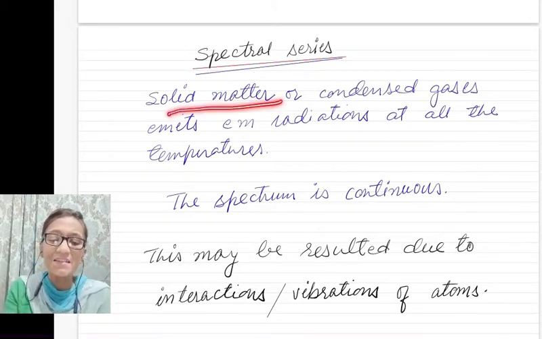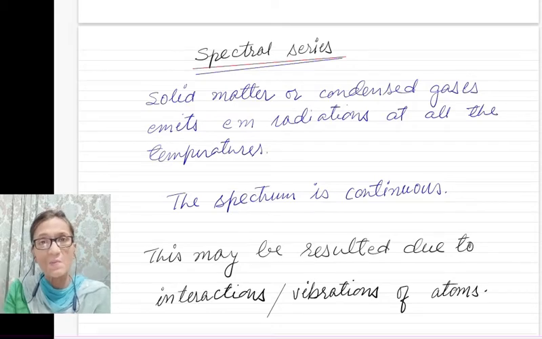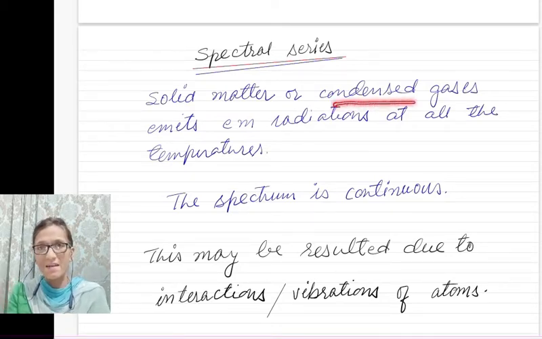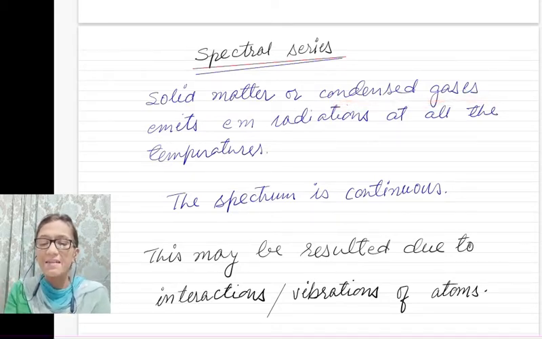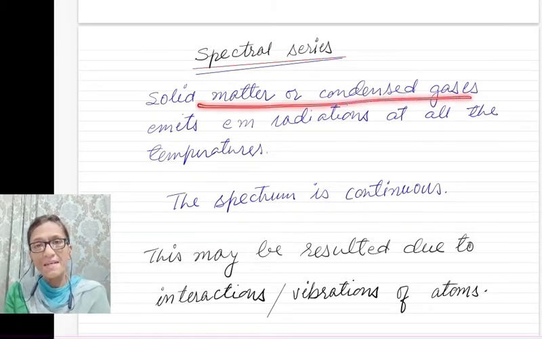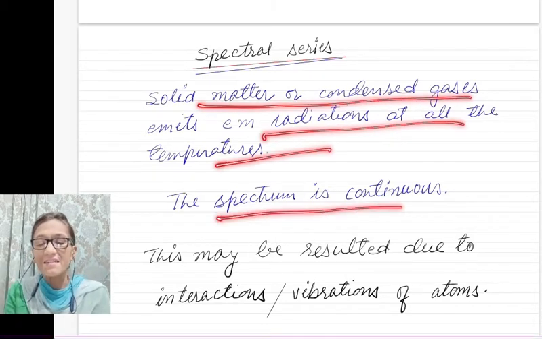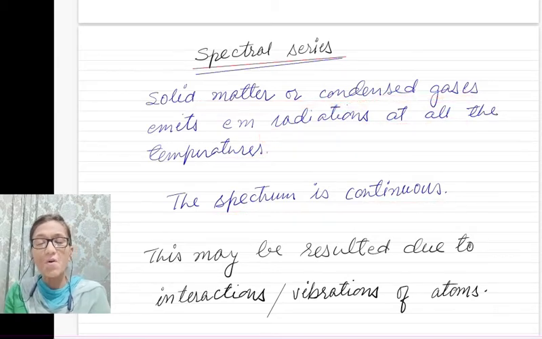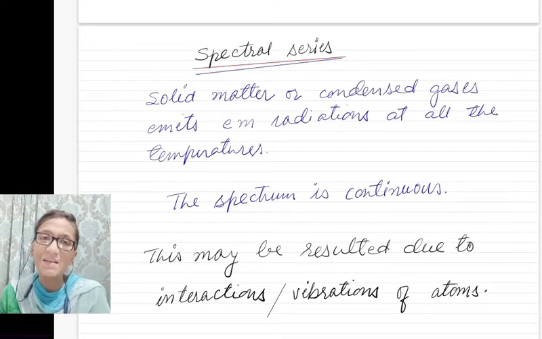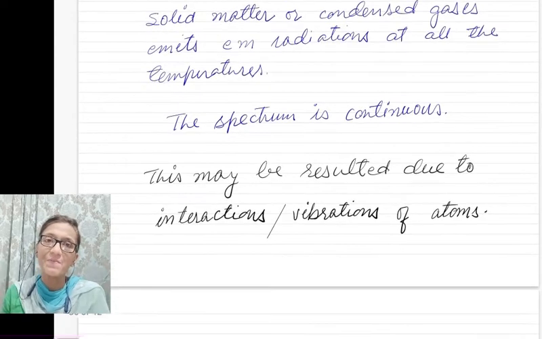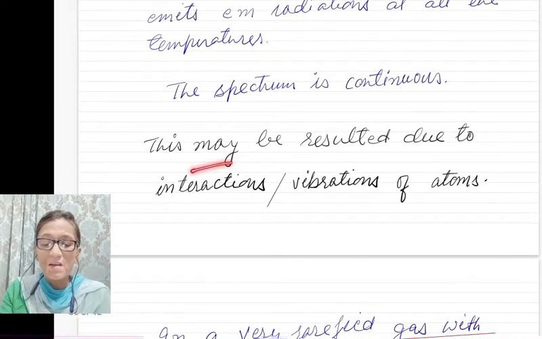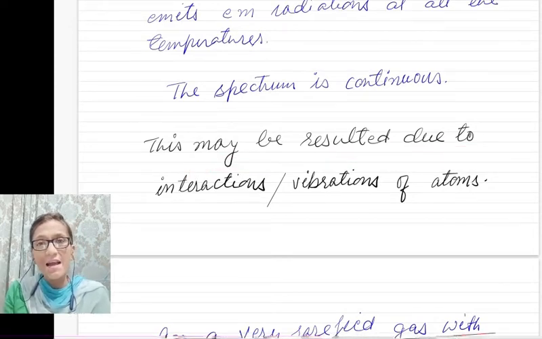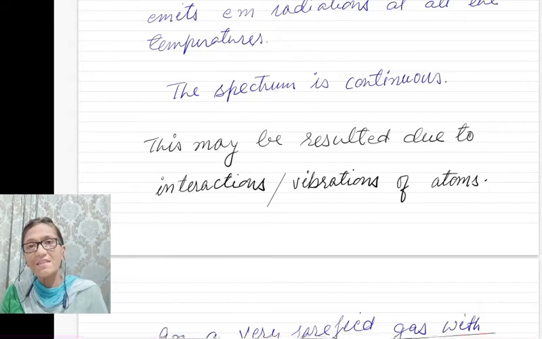So radiations are continuously coming from solid matter and from condensed gases. You can find a spectrum of these radiations, and the spectrum is continuous, just like the spectrum of white light. Now, this may be due to interactions or vibrations of atoms.